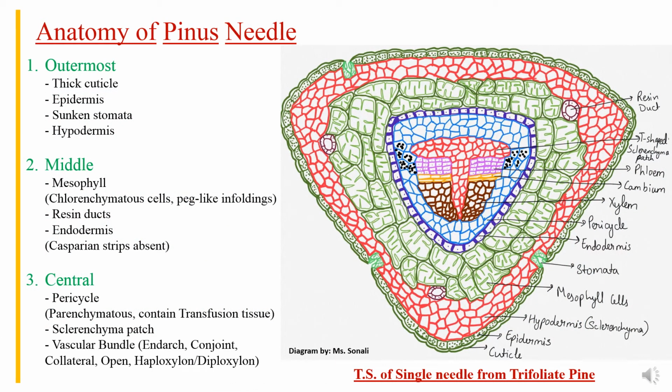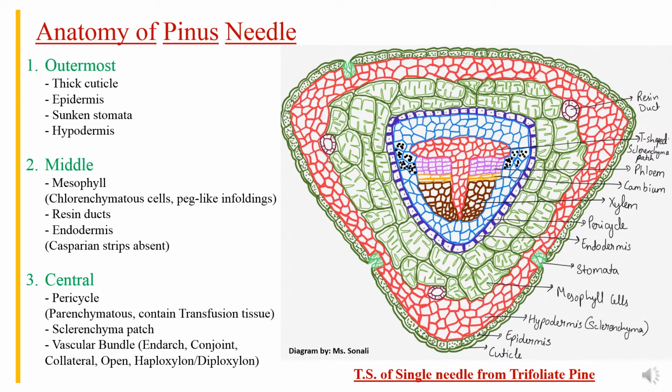Now, moving on to the last topic of this lecture, anatomy of the leaf, which in case of Pinus is commonly known as needle because of its needle-like shape. When we cut the needle transversely, we see a triangular structure with three major regions: outer, middle and central.